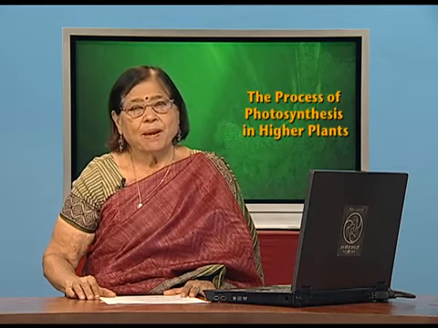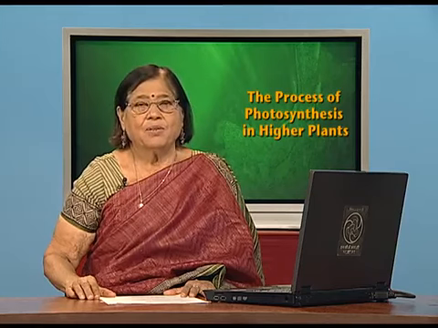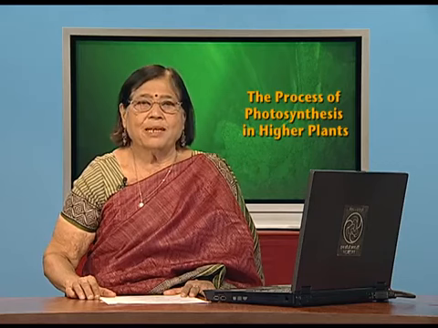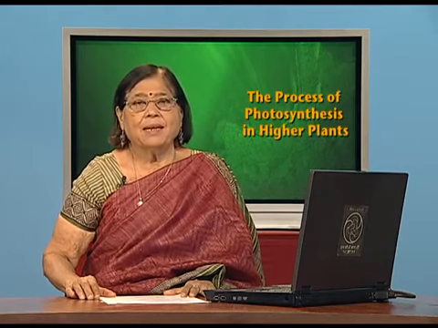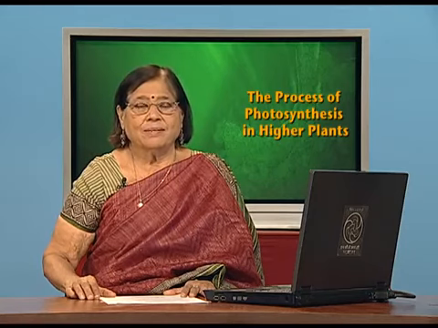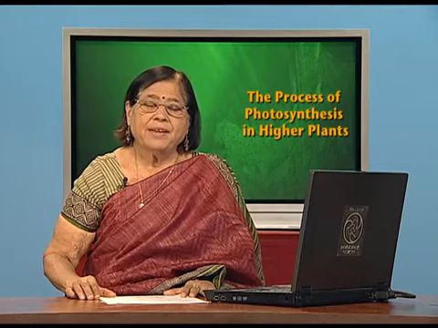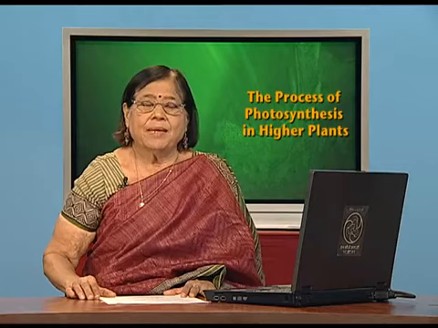We also need it, but plants in respiration also take oxygen and give out carbon dioxide. It is only for photosynthesis that they take carbon dioxide and give out oxygen. They have an added quality which helps life to sustain on earth. And the end product is ATP and NADPH, for which this whole system was operating.